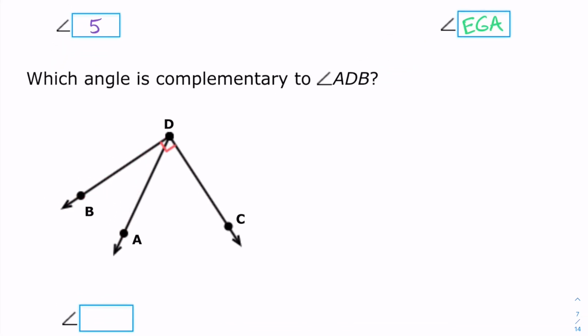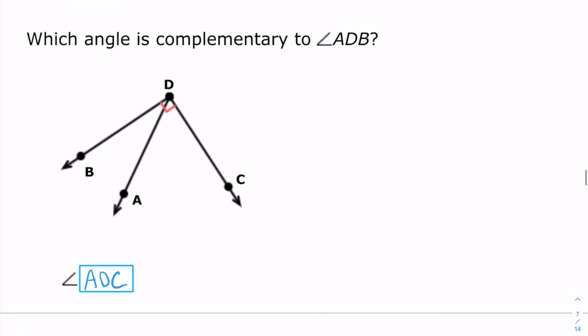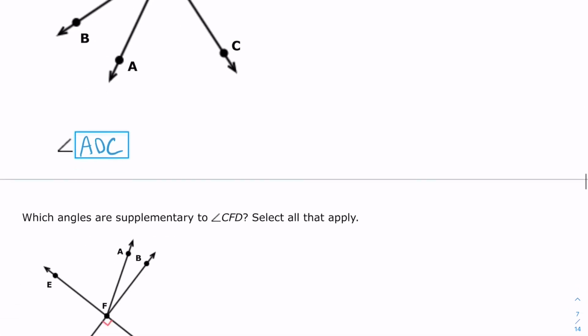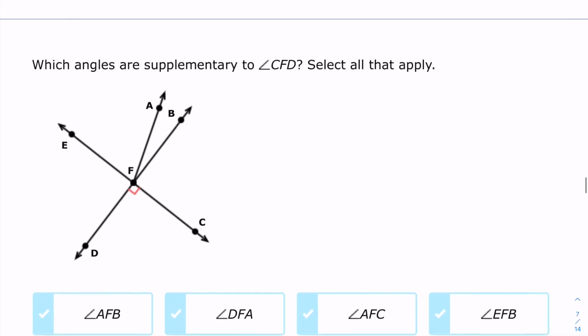The next one, which angle is complementary to ADB? Well, ADC would add up to the other 90. So either order doesn't really matter, but we're going to say ADC is complementary to ADB. All right. Next question. Which angles are supplementary to CFD?